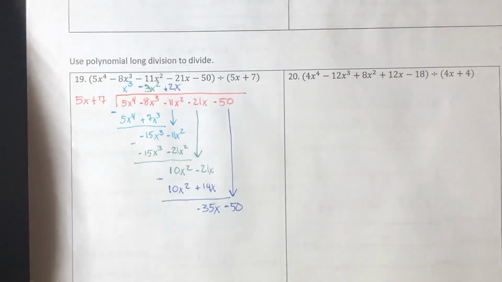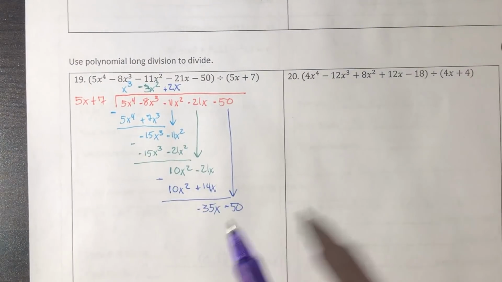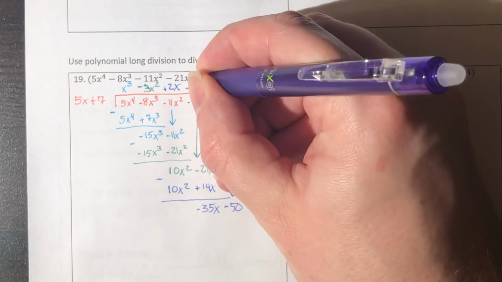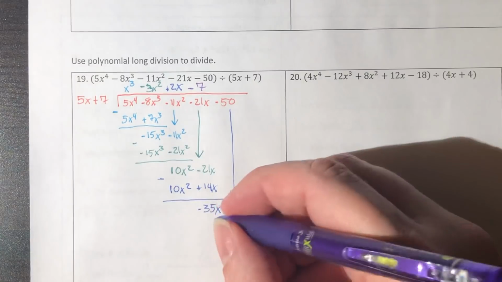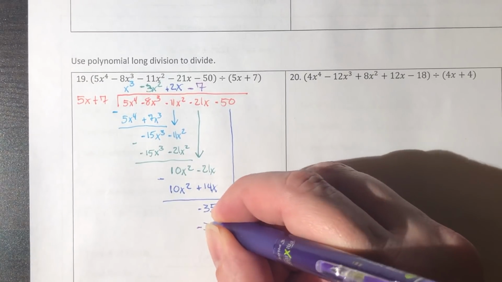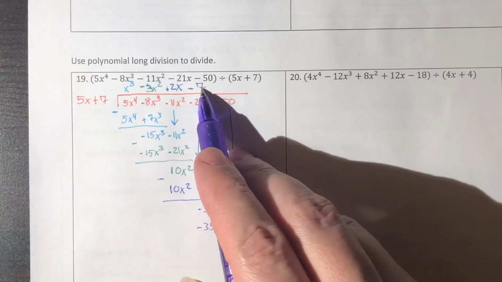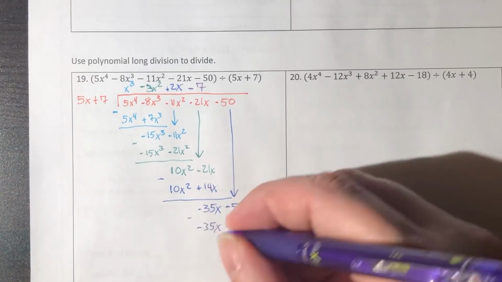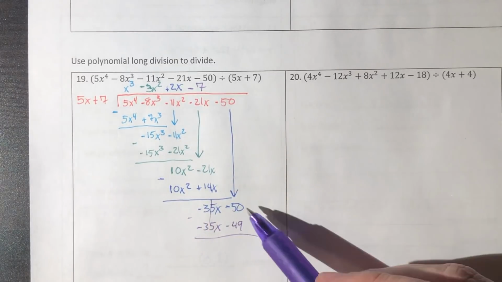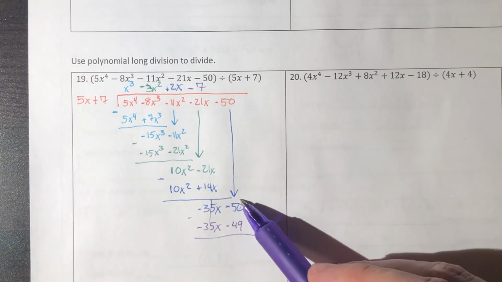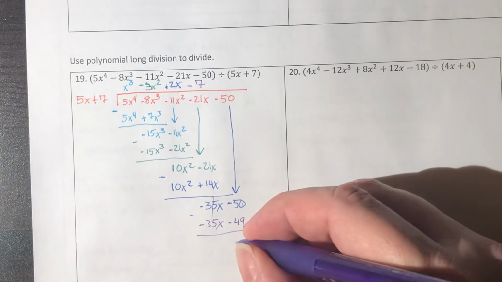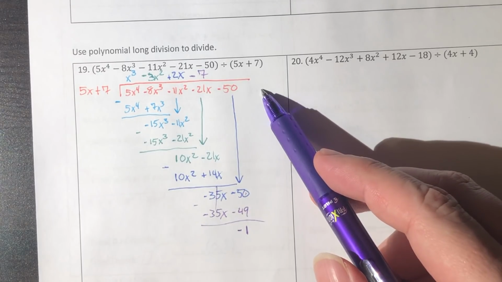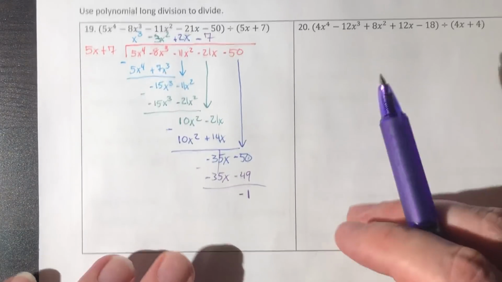And I drop the minus 50. 5x to get to negative 35x is going to be negative 7. So that's negative 35x. Negative 7 times 7 is negative 49. When I subtract those, they cancel. But negative 50 plus 49 leaves me with negative 1. I don't have anything to drop down. This is my remainder.